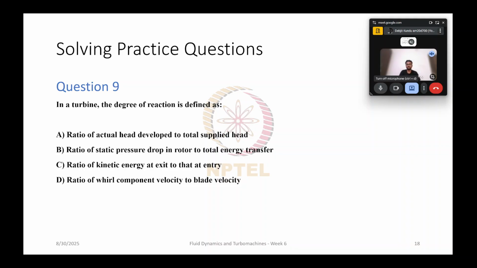So the degree of reaction is the ratio between what part of the energy transfer from the fluid to the blade happened through its change in pressure, to the total change in the enthalpy of the system. So basically, you have to look at the total static pressure drop to the total energy transfer.